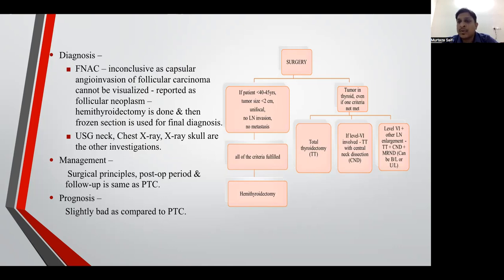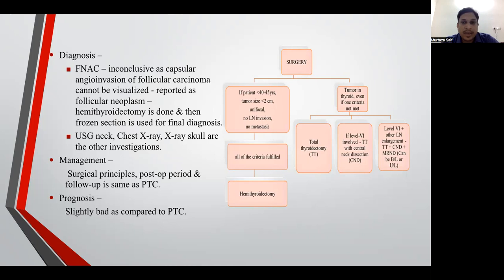If level 6 is involved, then total thyroidectomy with central lymph node dissection, or level 6 plus other lymph node enlargement: total thyroidectomy, central lymph node dissection, and metastatic regional lymph node dissection, which can be bilateral or unilateral.